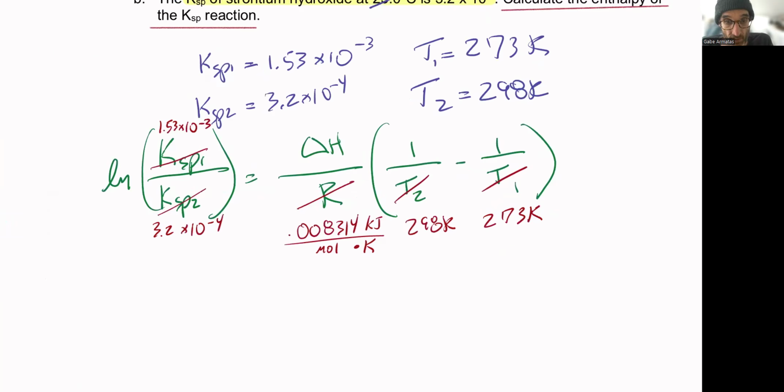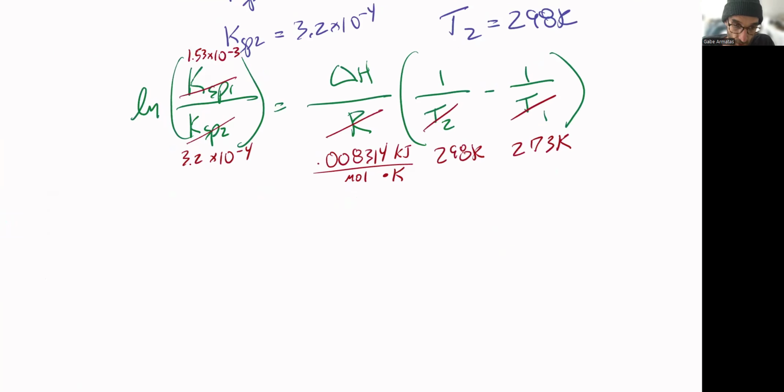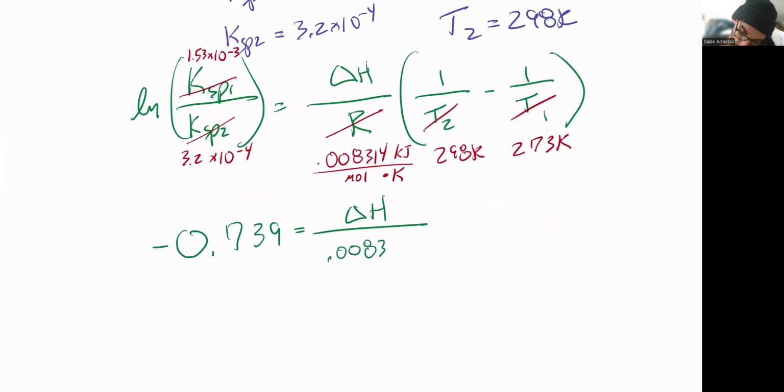Okay, so now that I have all this, the natural log of the K's comes out to be negative 0.739, delta H all over my R of 0.008314 kilojoules per mole times Kelvin.